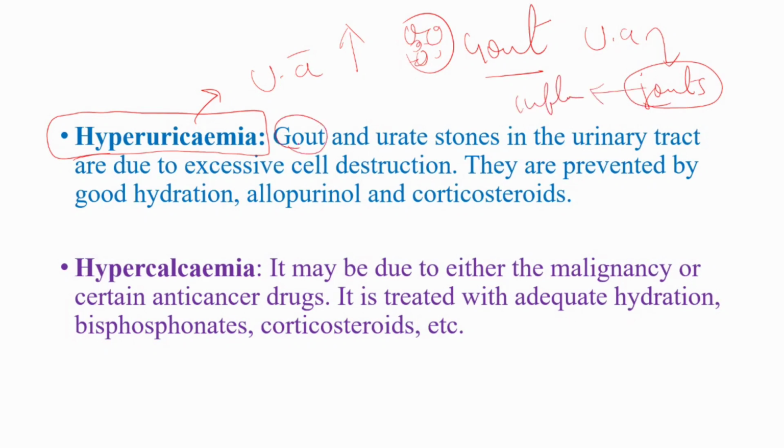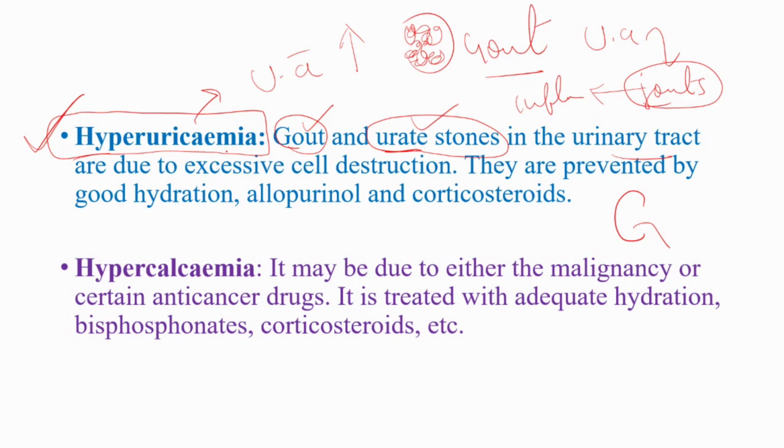Sometimes these excess urate crystals accumulate in the kidney and form kidney stones in the urinary tract. So hyperuricemia can cause gout and it can cause urate stones or uric acid crystals.